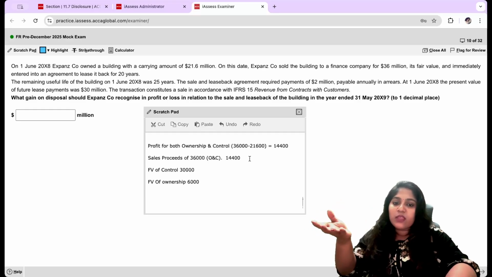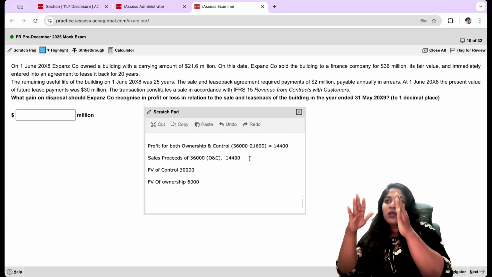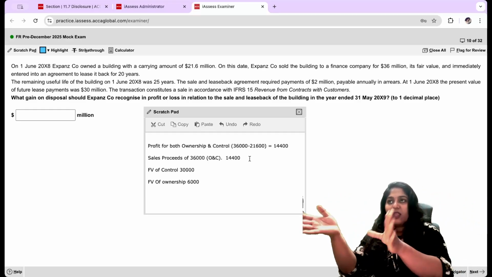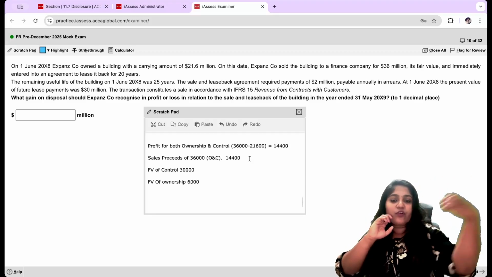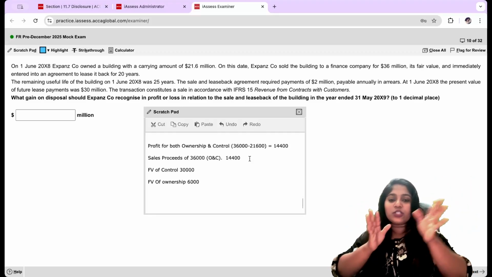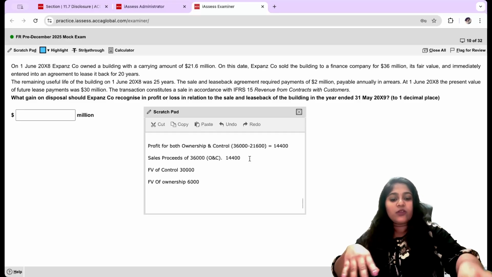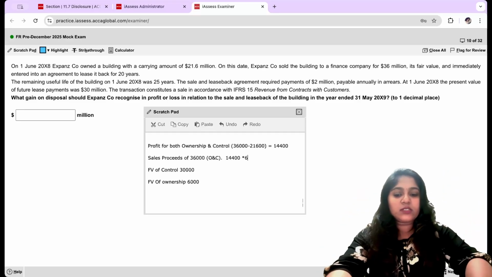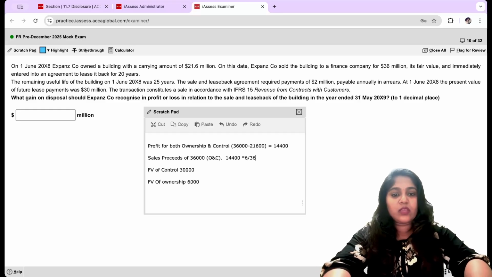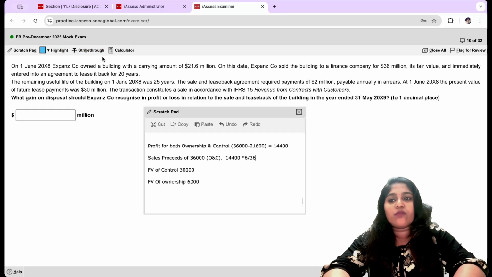Can I do the same thing for profit? In the profit, it's 30 is to 6 ratio. 30 for control, 6 for ownership. I can only recognize profit for ownership because I sold only ownership, not the control. So if I do this, all I have to do is take 14,400 into 6 by 36. Should give me the value of the profit.